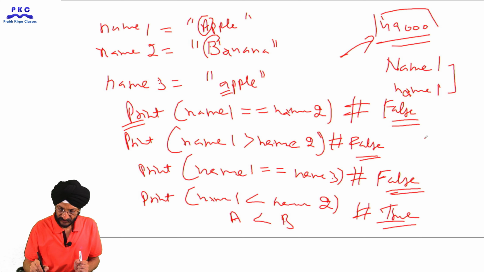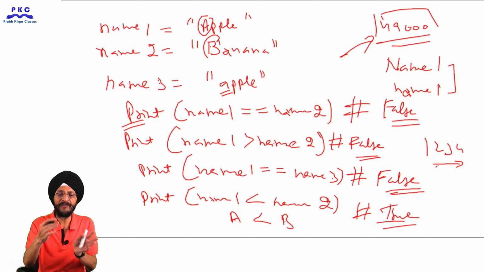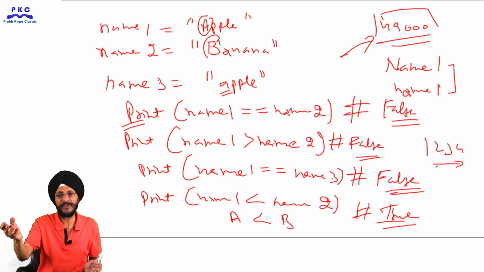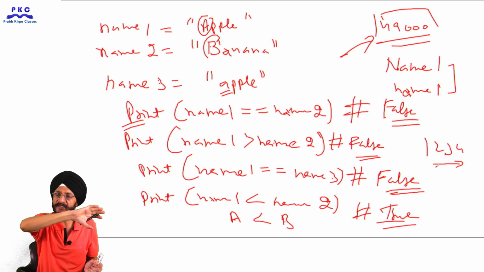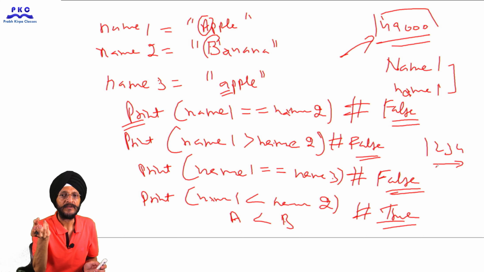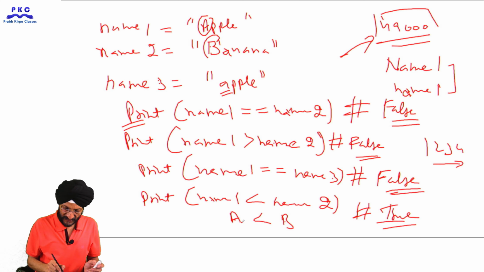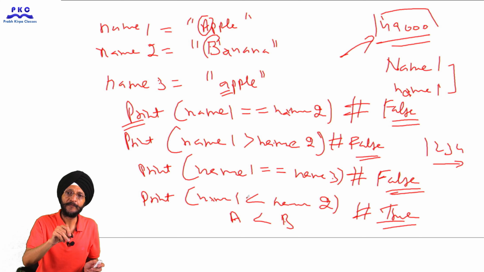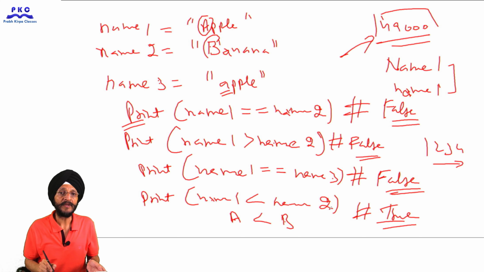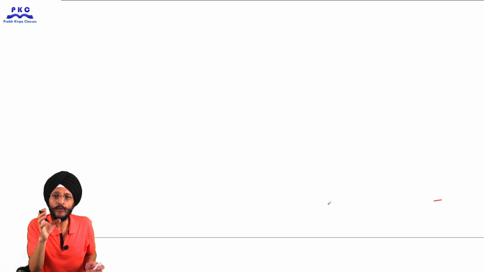We can also say it this way: 1 comes earlier, 2 comes after, 2 has more value. In the same way, A, B, C, D, A has lesser Unicode value. Unicode has prescribed different values to different characters. We are only giving an example. A has less Unicode value, so apple is less than banana.